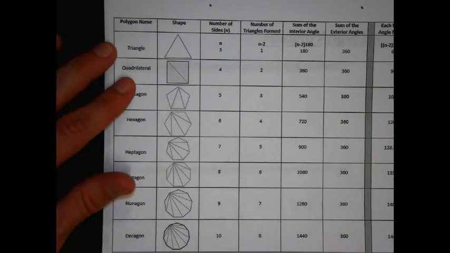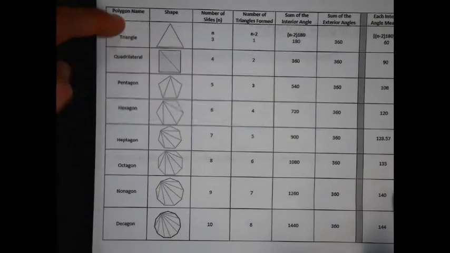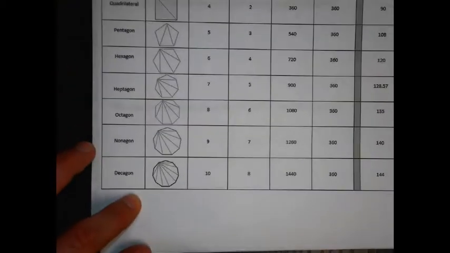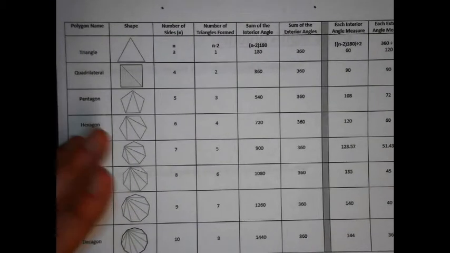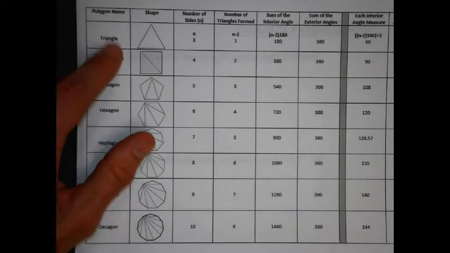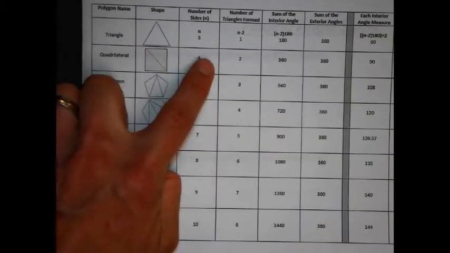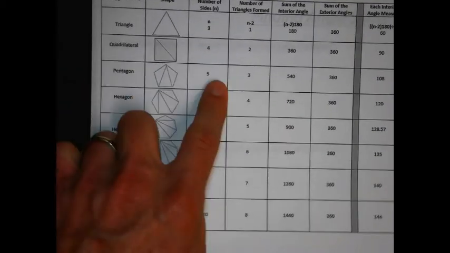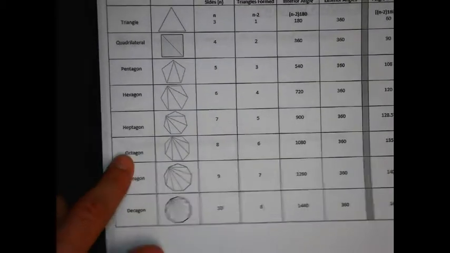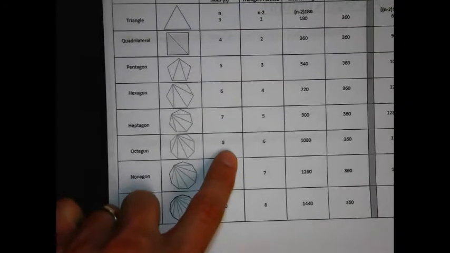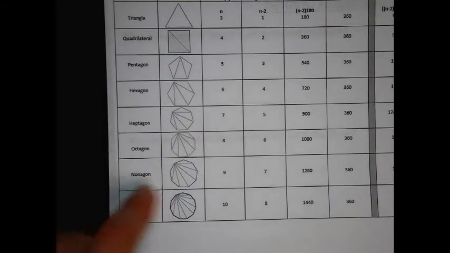So we go from triangle all the way to decagon, and we figure out the number of sides each has. This is what's important, you've got to know the vocabulary: triangle 3, quad 4, penta 5, hexa 6, hepta 7, octa 8, nona 9, and deca 10.